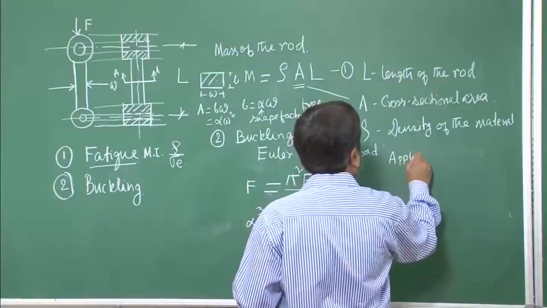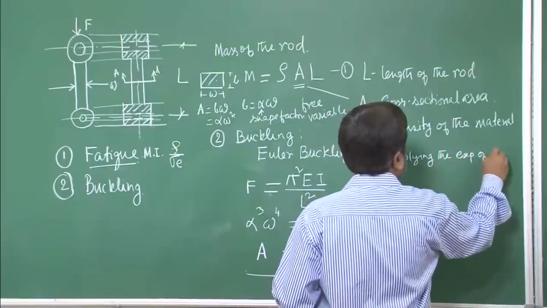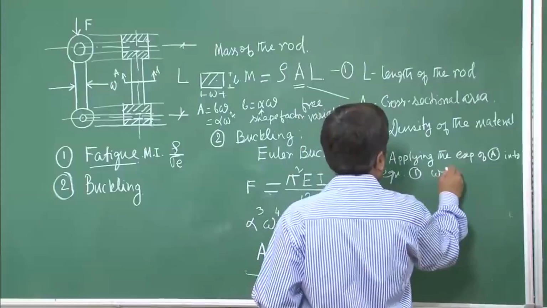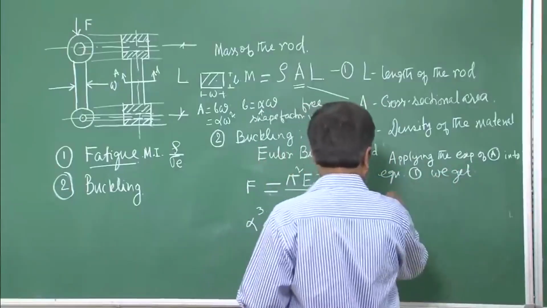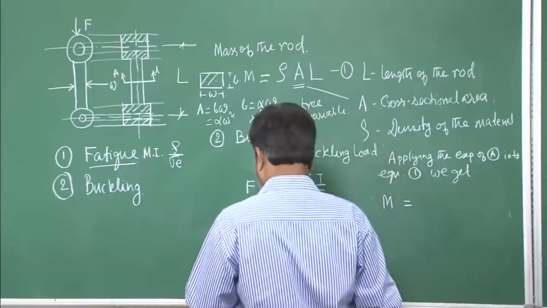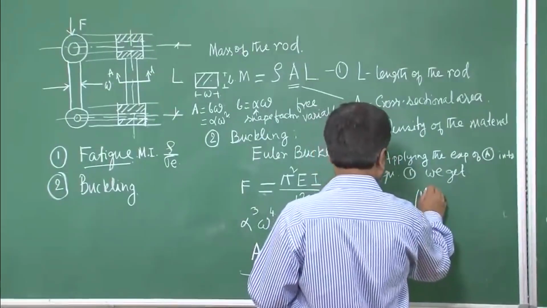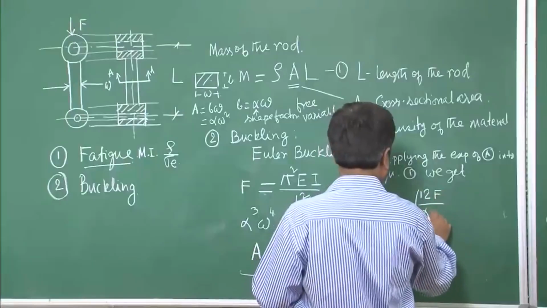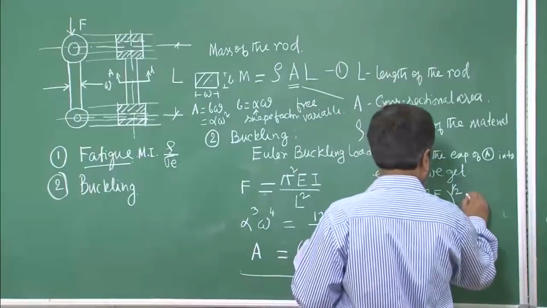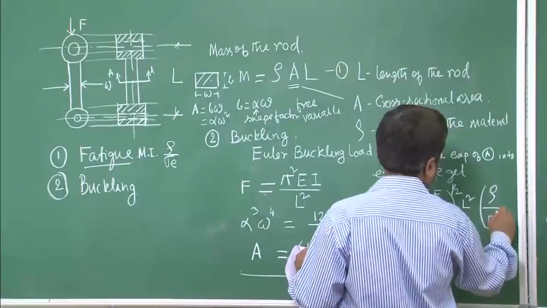Applying the expression of A into equation 1, we get M. Let us say in the first case the mass is M1, then in this case the mass is M2, and we can divide it into parts again: the square root of 12 F over alpha pi square, times L square root, and rho over square root of E.